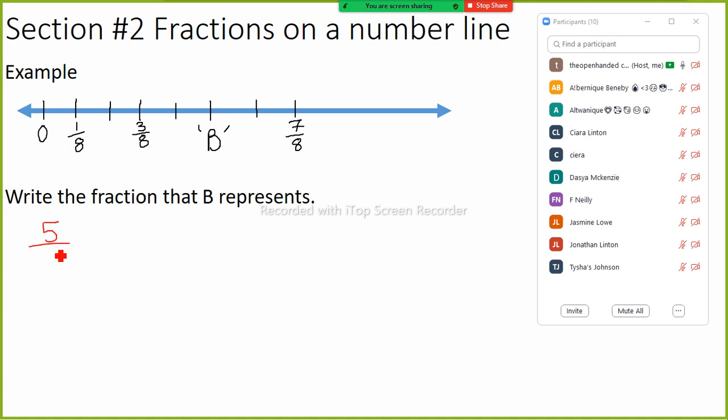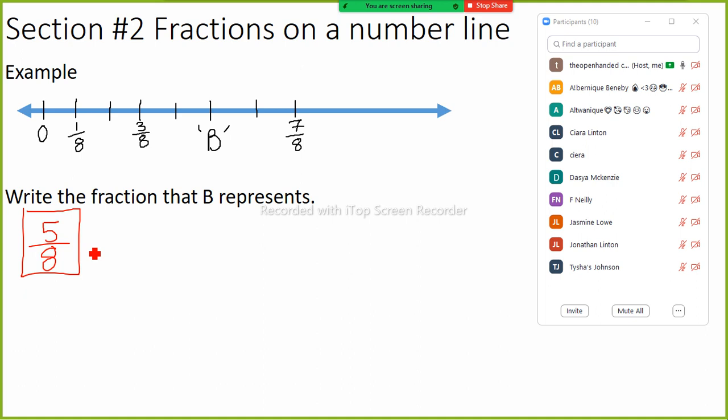This example is showing us how to locate fractions on the number line. Even though they skip certain ones, this is actually 1 over 8, 2 over 8, 3 over 8, 4 over 8, 5 over 8, 6 over 8, and this one is 7 over 8. So the fraction that B represents is definitely going to be 5 over 8.